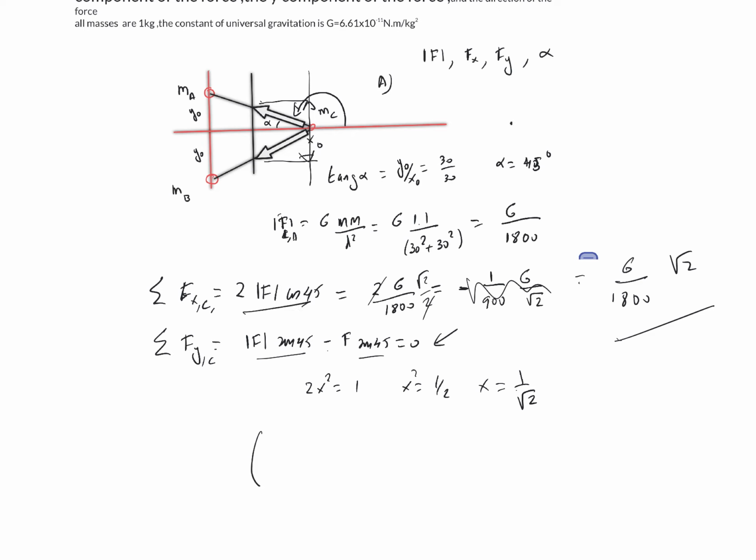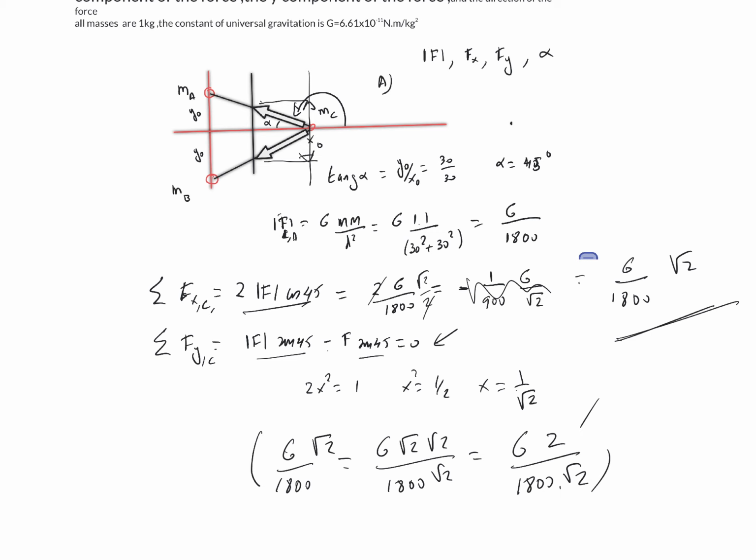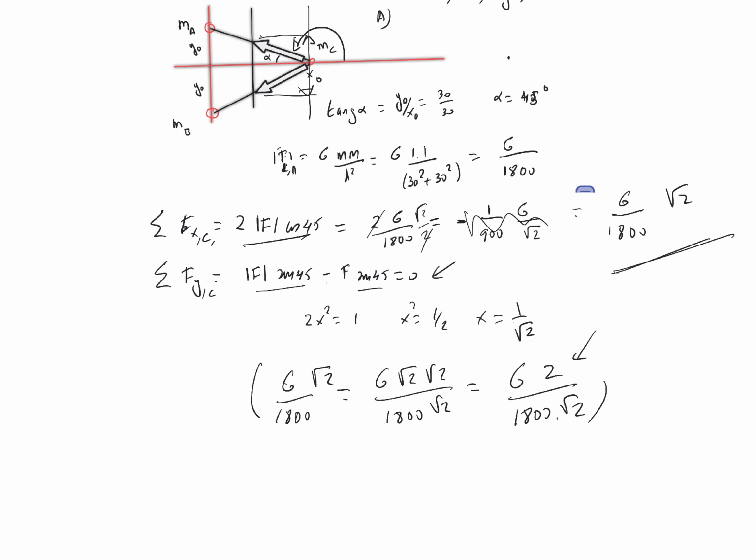This one, G divided by 1,800 square root of 2. It can also be written, if I multiply by square root of 2, as G square root of 2 divided by 2 times 1,800. This is the first piece of information, the magnitude of F in the x direction.